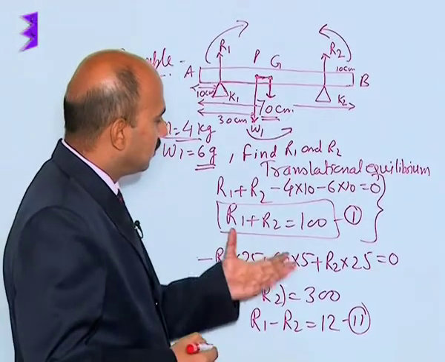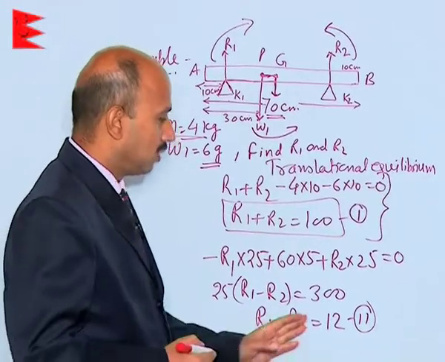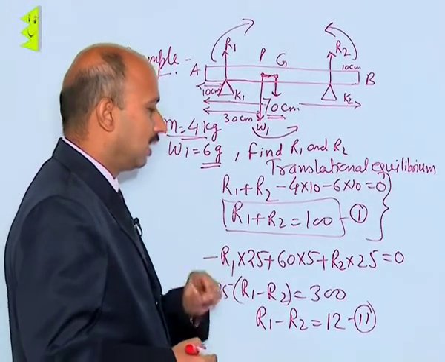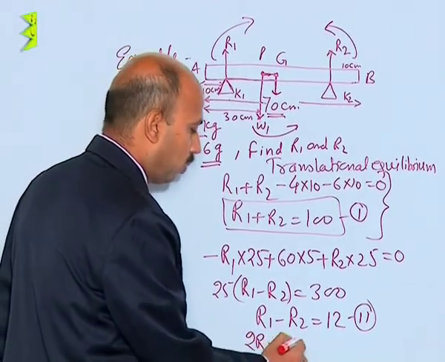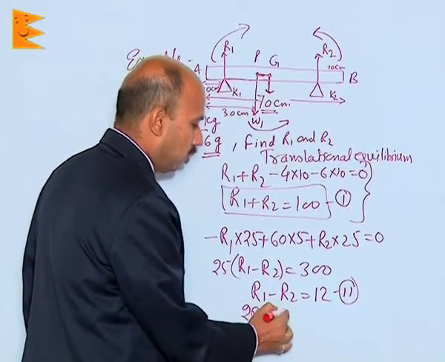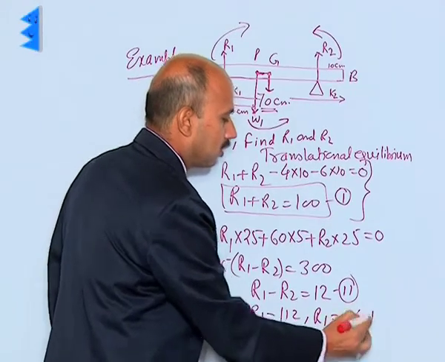If you solve first and second equations where R1 plus R2 is equal to 100 and R1 minus R2 is equal to 12, so see here, R2 and R2 will get cancelled. So you will be getting twice of R1 is equal to 112. So you will be getting R1 is equal to 56 Newton.